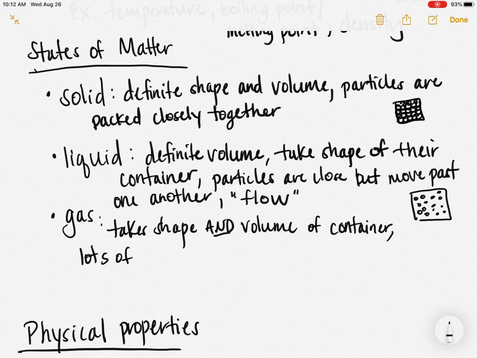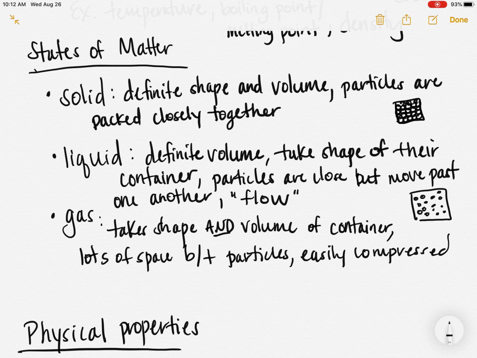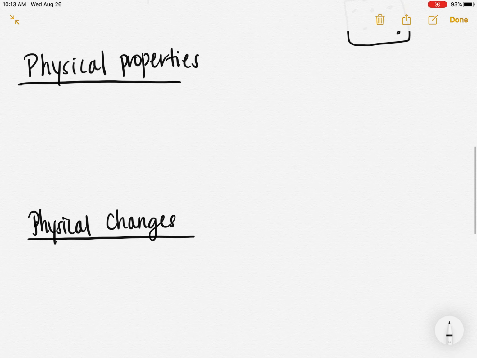There is lots of space between the particles, and that is why gases are said to be easily compressed. Okay, you can squeeze those particles together to alleviate some of that empty space. So if I were to draw a gas, it looks something like this. That should be a very quick review of the three states of matter that you have seen numerous times.